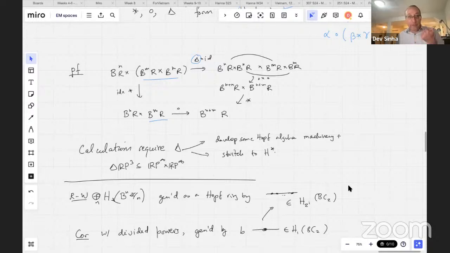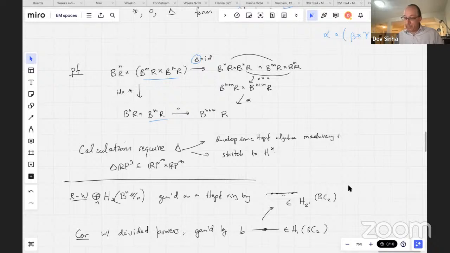So if you have a Hopf ring and now are allowing divided powers, then you've got this lovely fact that you can generate all homology of all Eilenberg-MacLane spaces by this simple little class in degree 1.